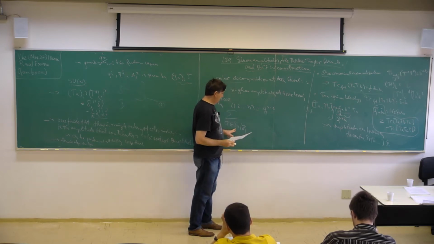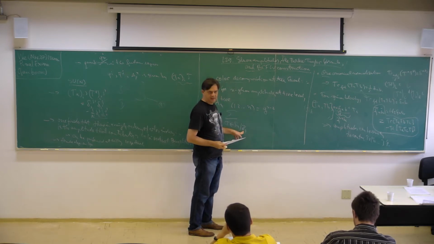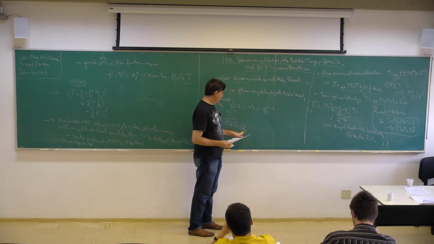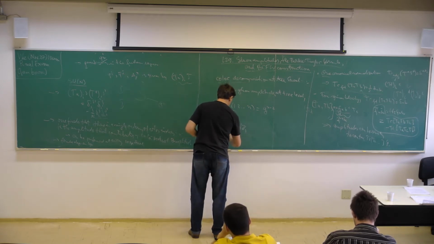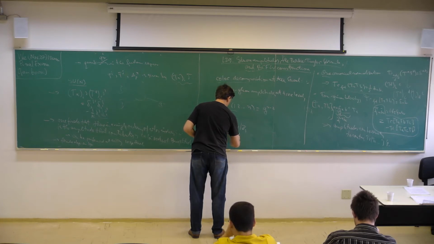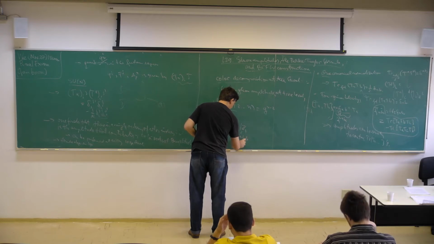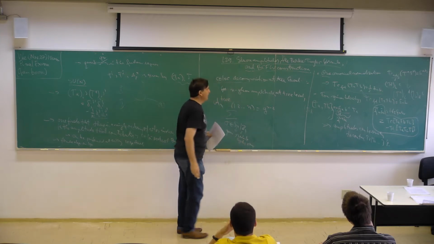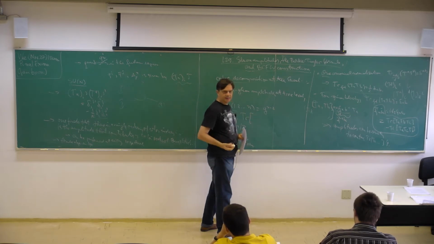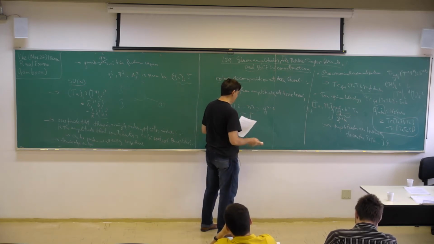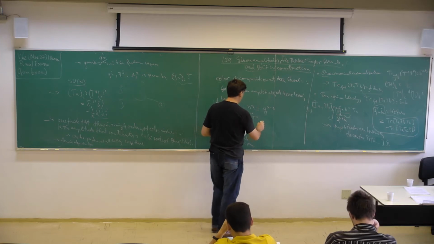So this means permutations modulo cyclic permutations, Zn being the cyclic group, because the trace itself is cyclic. So let's be more precise first.